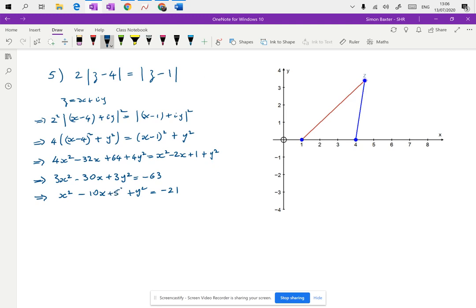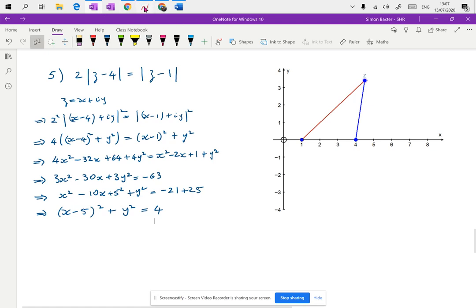Square it and add it, adding 25. That now gives us (x - 5)² + y² is 4. Well, there we have a circle, center 5, radius 2.